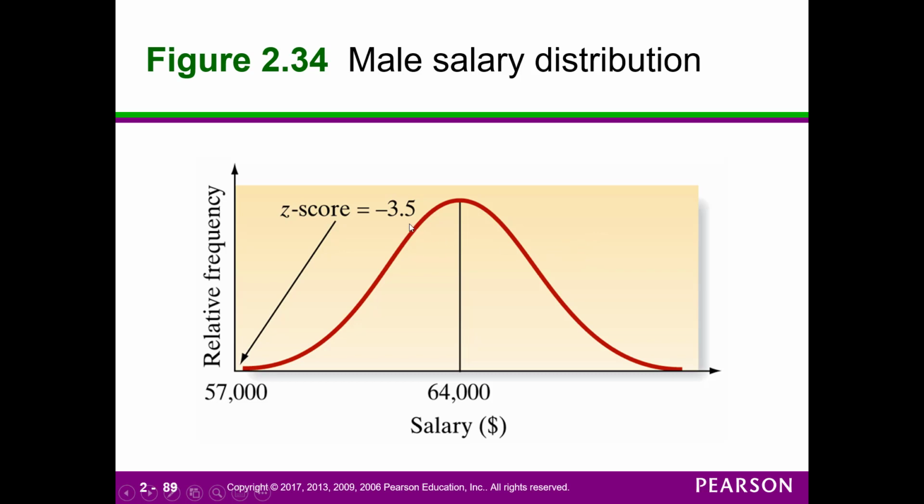Clearly, the z-score of minus 3.5 represents an outlier, as we see. Either her salary is from a distribution different from the male salary distribution, or it is a very unusual measurement from a salary distribution no different from the male distribution.